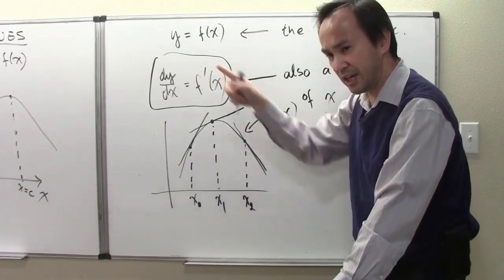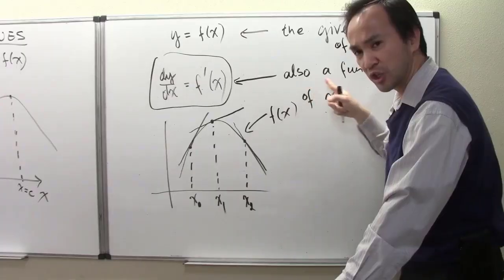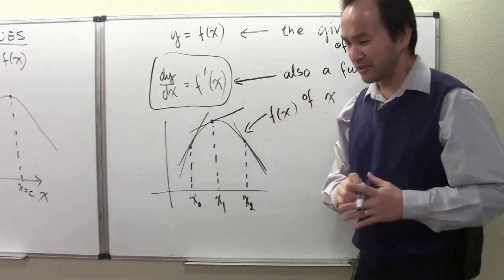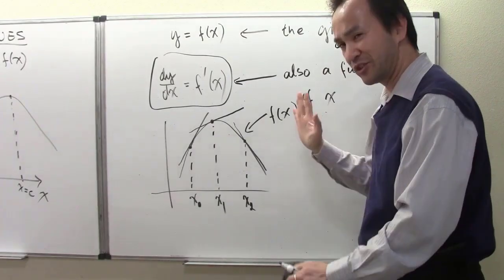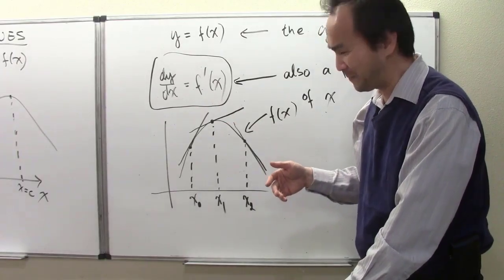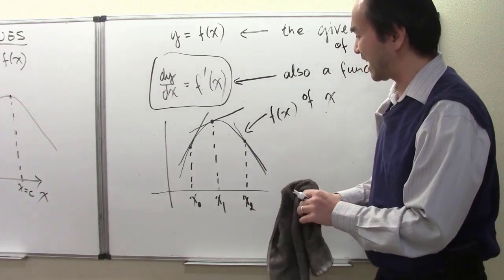So in the end, f prime of x itself is also a function of x. After some of this brief review, I want to mention a couple of things that you should have seen among some of your assignments long ago, but now it's time to really formalize all of that idea.